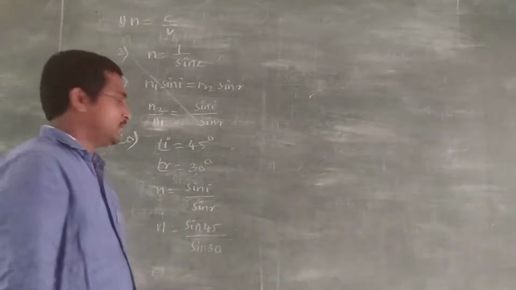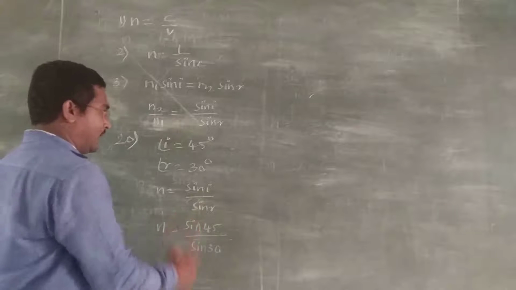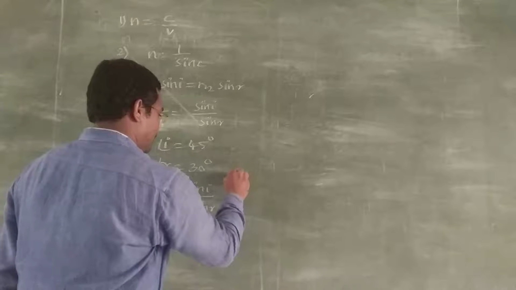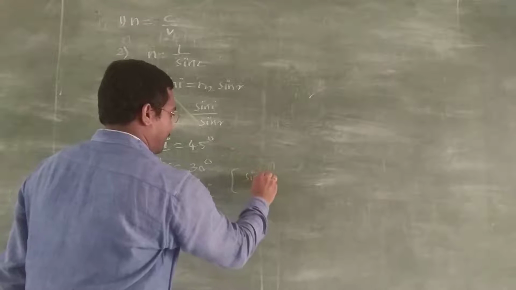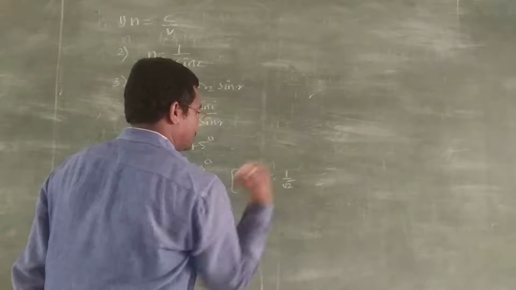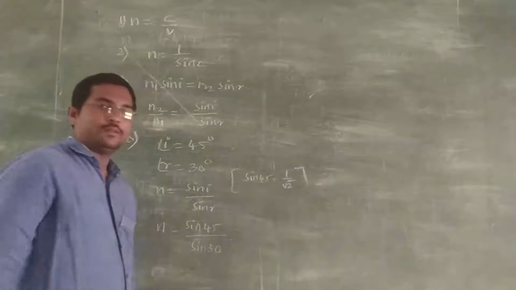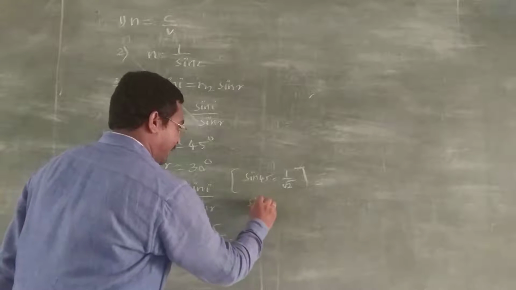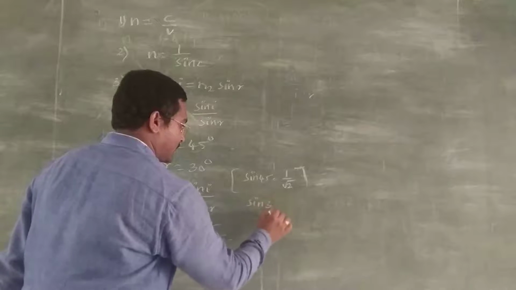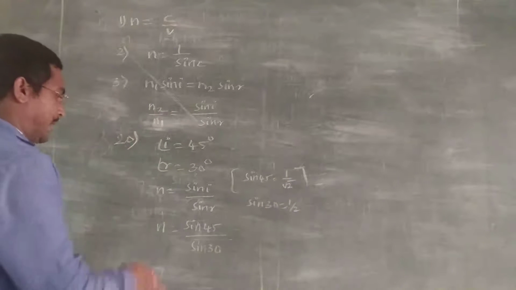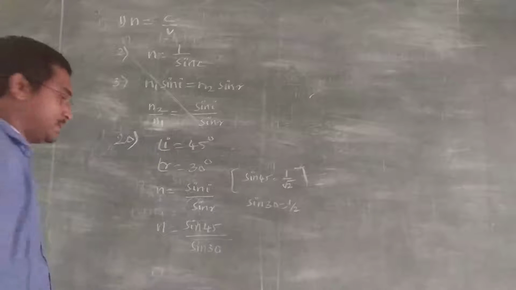So my dear, you note down these values. Sin 45 is equal to 1 by root 2, and sin 30 is equal to 1 by 2.